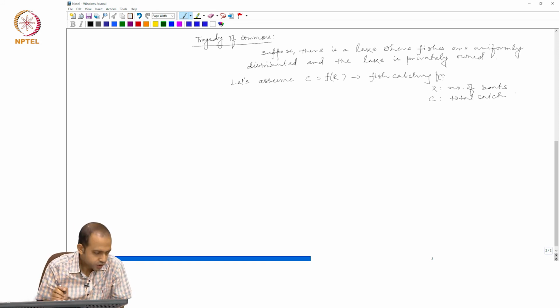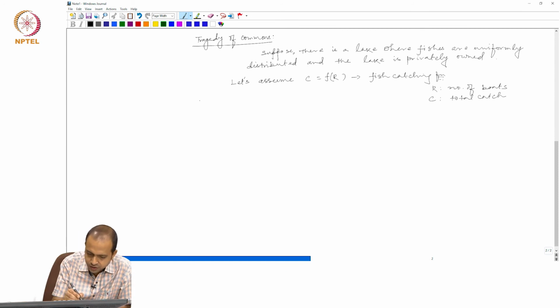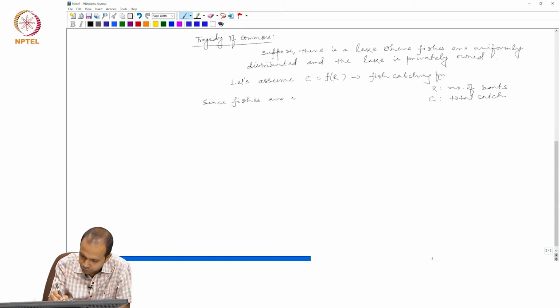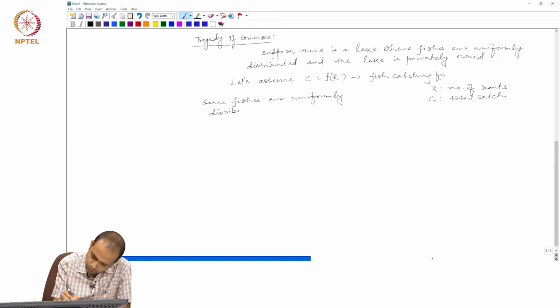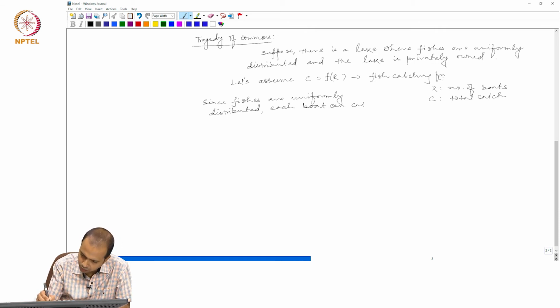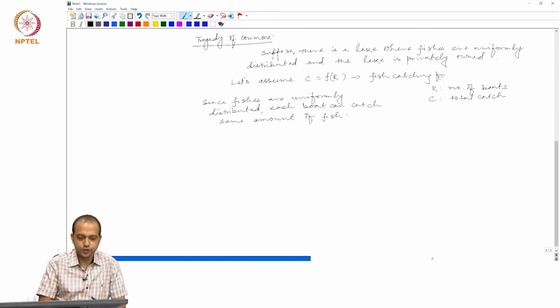So, since fishes are uniformly distributed, each boat can catch the same amount of fish. Okay.